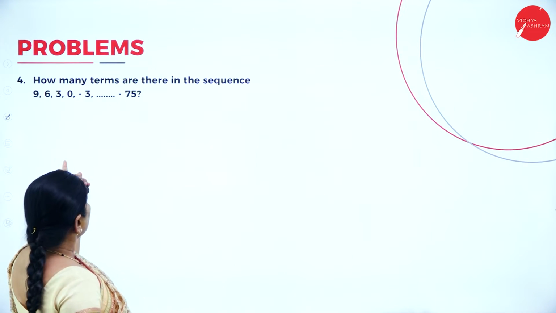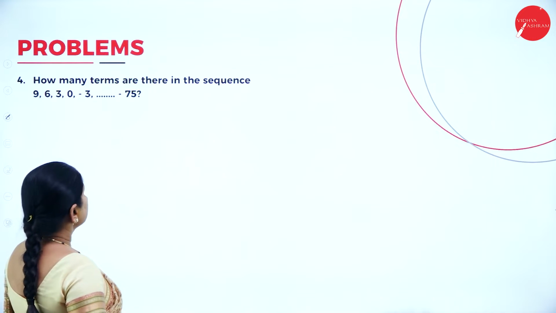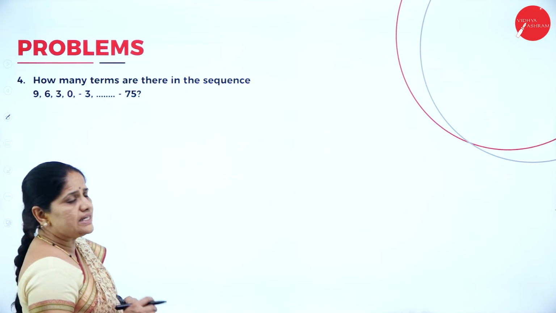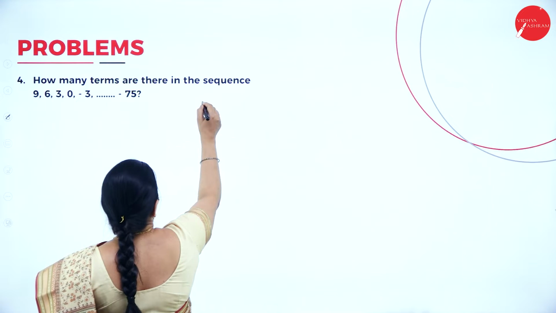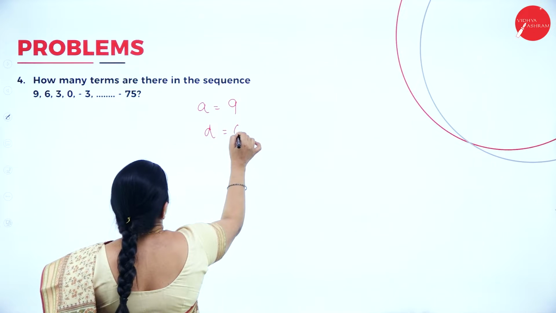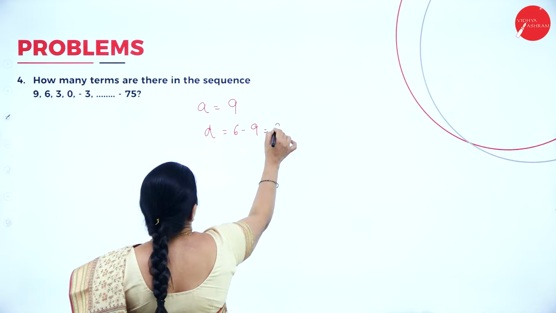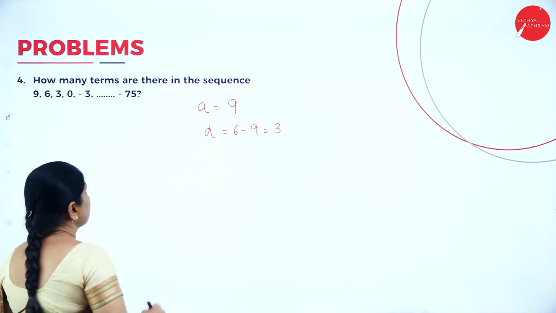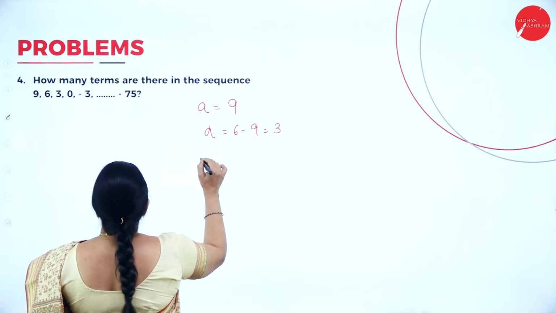Next, how many terms are there in the sequence 9, 6, 3, 0, minus 3 up to minus 75? Now we write A equals 9, D equals 6 minus 9, that is minus 3. Now they have given us the Tn here, the last term.